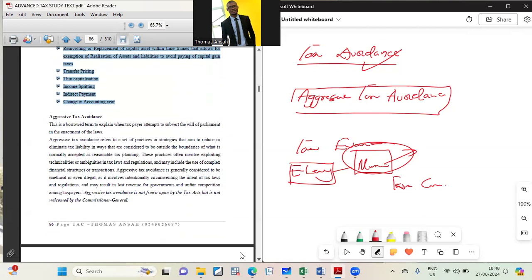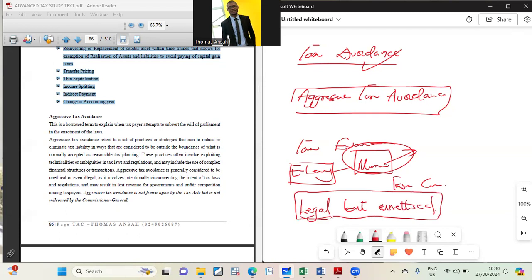So then we come to aggressive tax avoidance. The simple way I can explain it to you is that you are using legal but unethical means to avoid paying tax. It is called circumventing the intent of the tax law.